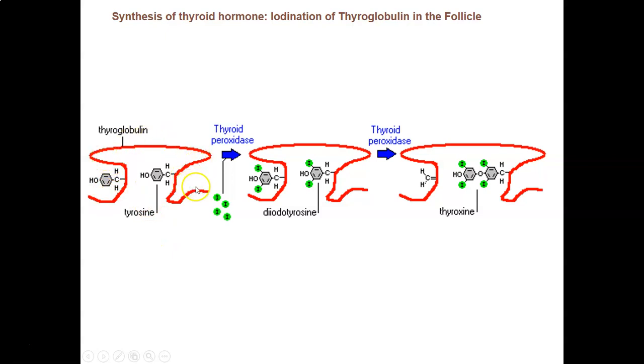Here is a thyroglobulin protein, and we've just drawn in a couple of tyrosines. This is what the side chain of tyrosine looks like. It's got a ring structure, an aromatic ring structure on there. And there are enzymes in the epithelial cells that can add iodides onto these rings. So now we have iodinated the tyrosines, and then the finishing up of the hormone involves linking together pairs of these tyrosines with the iodides on there, and then trimming the whole thing out of the peptide chain.